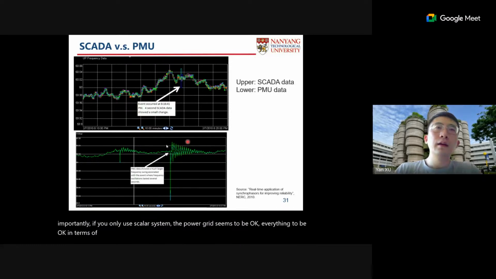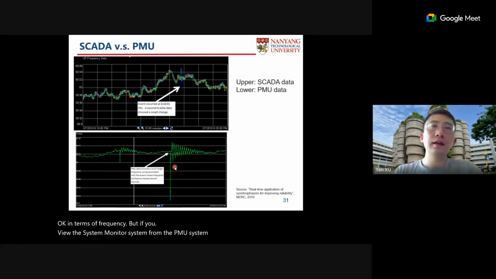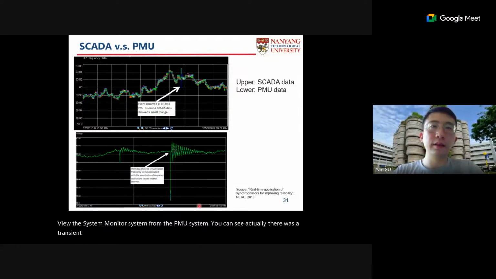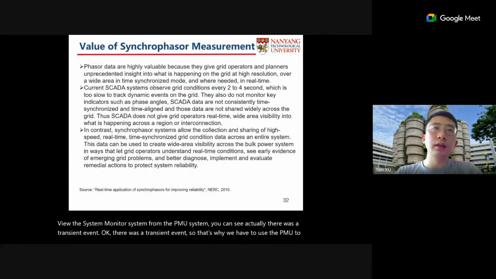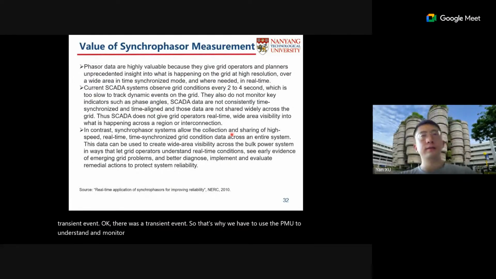But if you monitor the system with the PMU system, you can see there was a transient event. So that's why we have to use the PMU to understand and monitor the system dynamics.